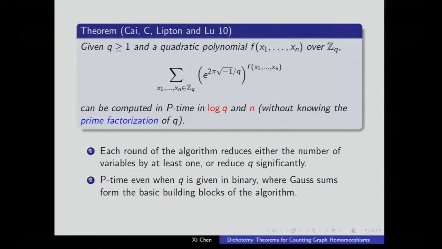And Q is part of the input, so Q is exponentially large. But when that happens, it is closely related to Gauss sums. You can use the expression behind Gauss sums to compute it exactly and efficiently. So that is everything about algorithms.